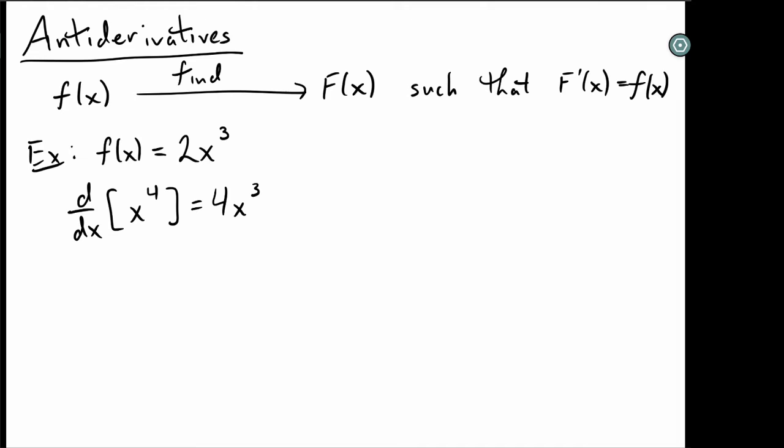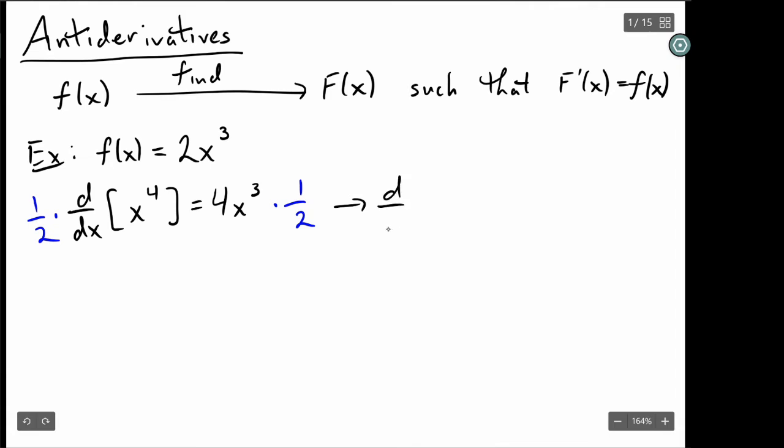But this is a little bit different from what we have, right? It's a factor of 2 above what we actually want. So if we imagine multiplying both sides of this equation here by a half, well, remember we can factor constants out of a derivative, and in the same way we can put a constant back inside of it, right? So we have the derivative of 1/2 x to the fourth. That would be 2x cubed.